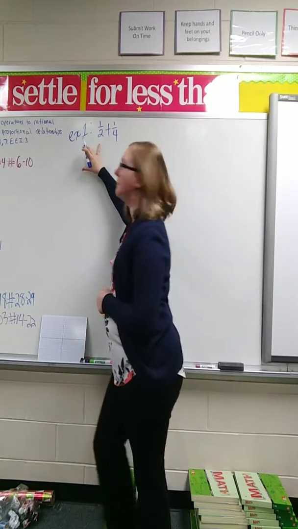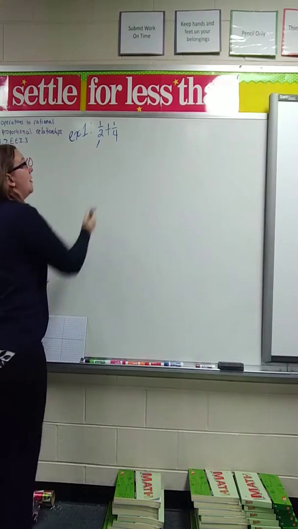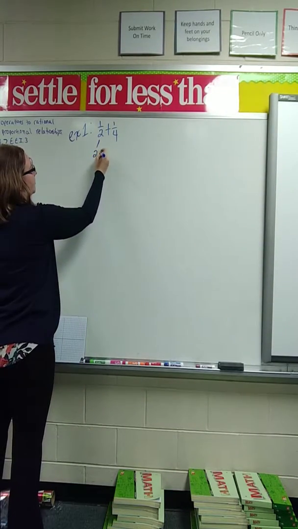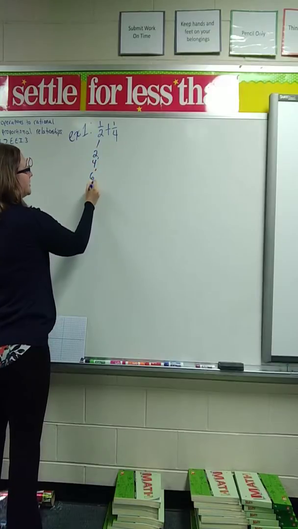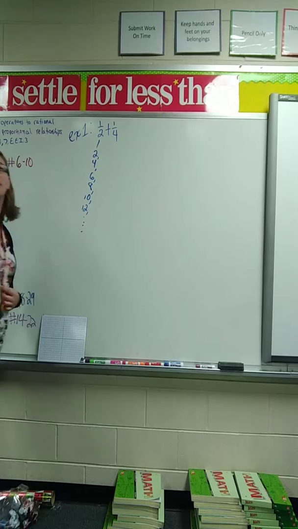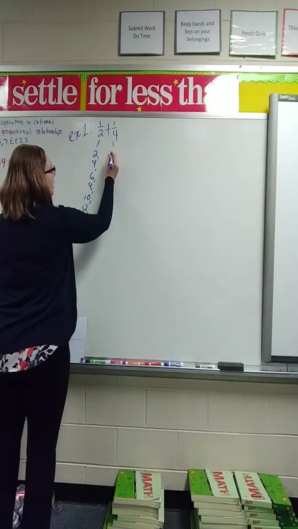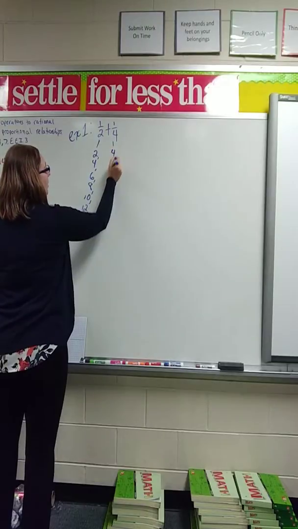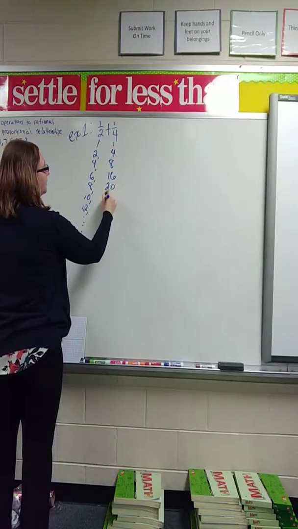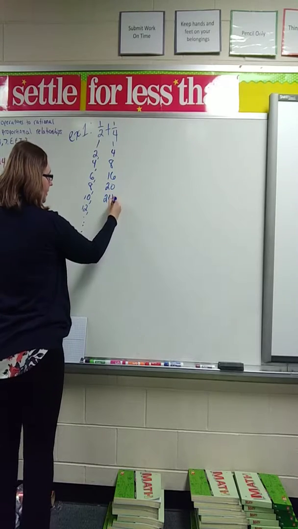My multiples of 2 are 2, 4, 6, 8, 10, 12, yada yada yada. Okay? My multiples of 4 are 4, 8, 12, 16, 20, 24.